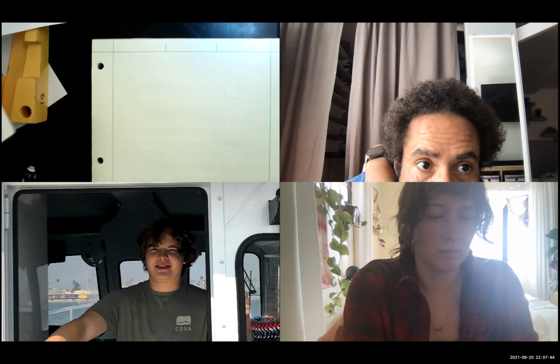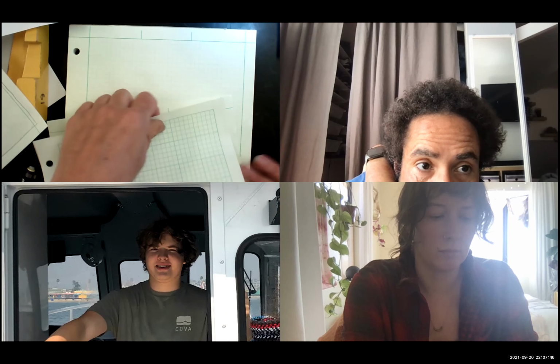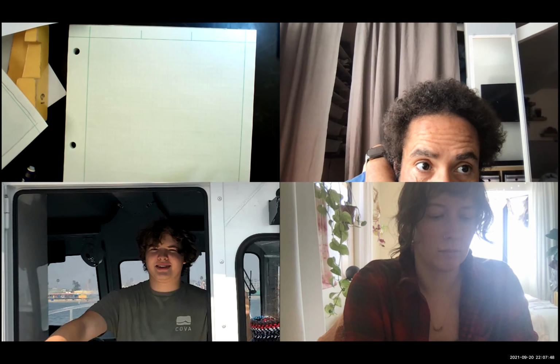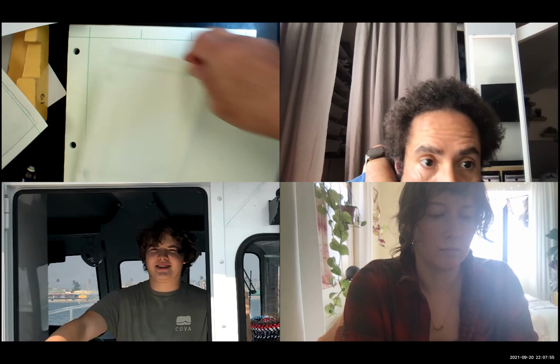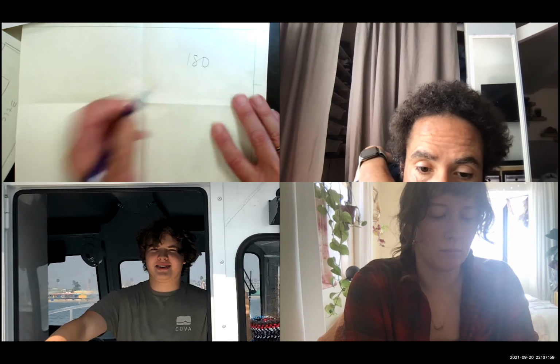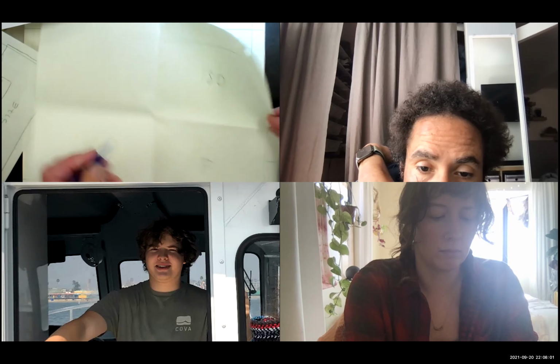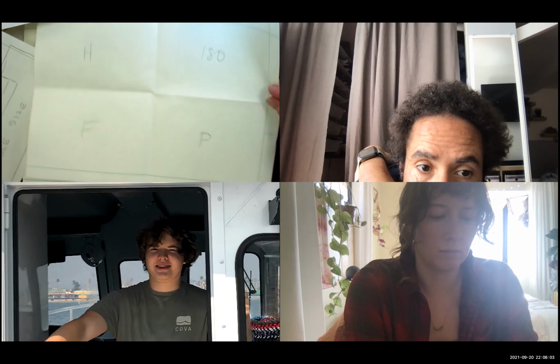But remember, whenever we do engineering drawings, we always have to make sure how we're orienting the paper. We know that our isometric is always up here, our front view is here, our profile view is here, and the horizontal view is here.